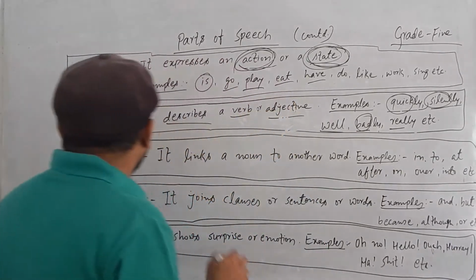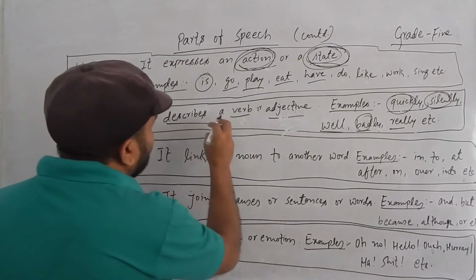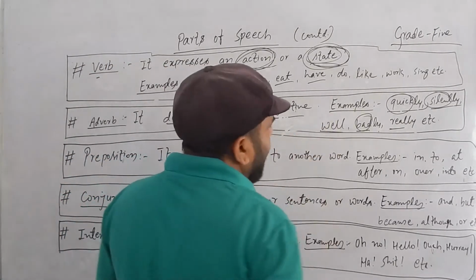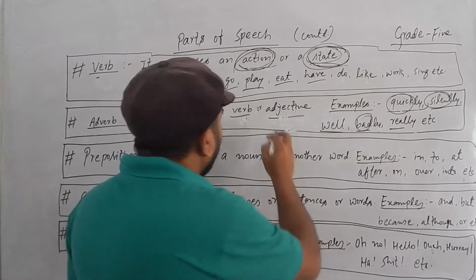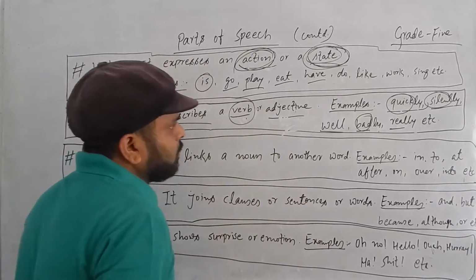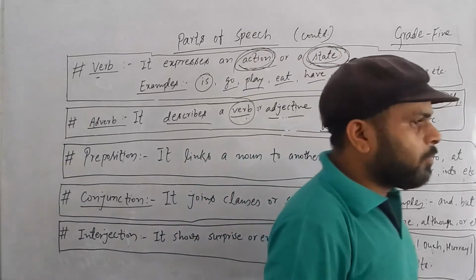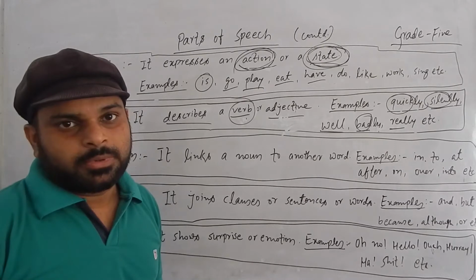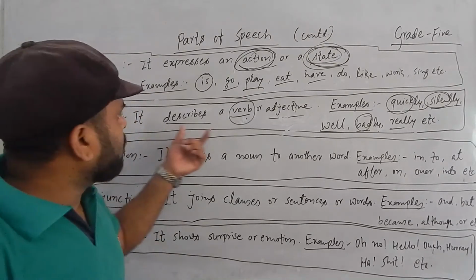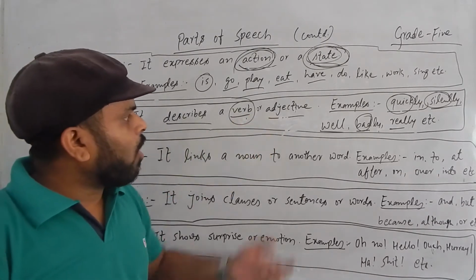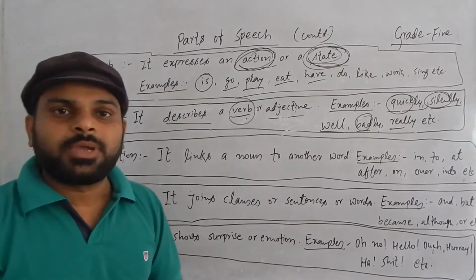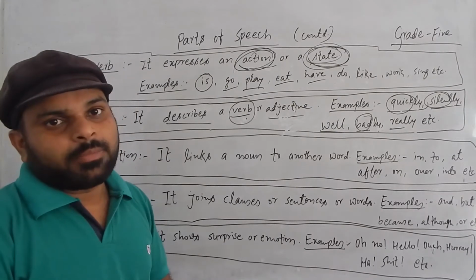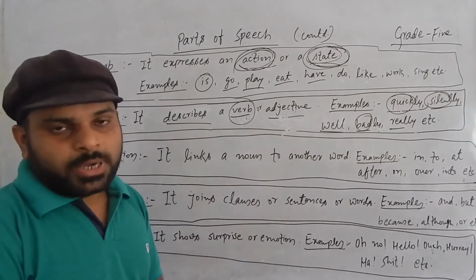So simply, you have to know it describes a verb or adjective. What is verb? You have just read about verb. So adverb describes a verb or adjective, at the same time, as its function.